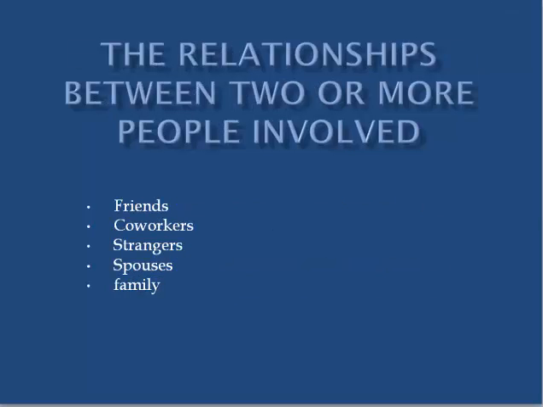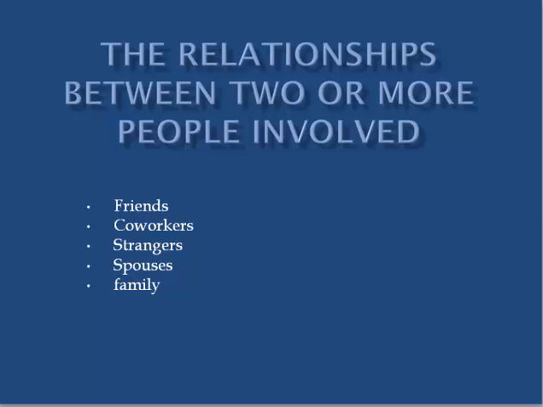Now, the second part of this lens model of conflict is the relationship between the two or more people involved. The reason why this is important is that a behavior act between friends could be quite different than a behavior act between somebody you don't know.